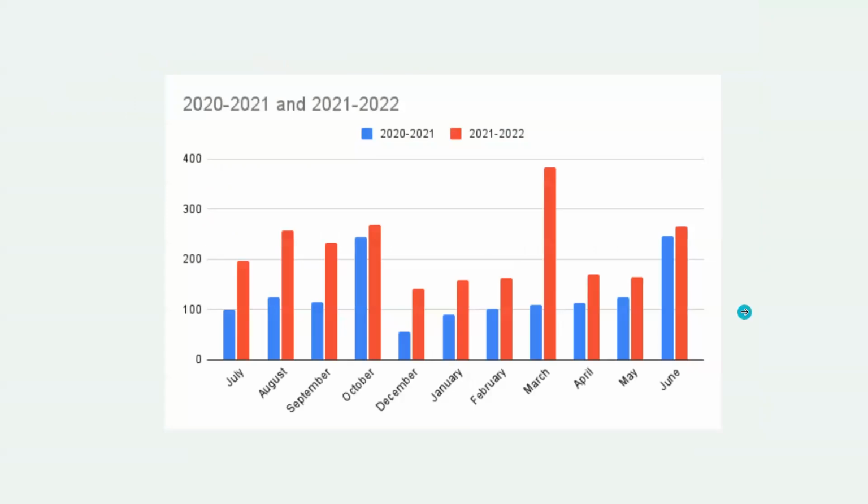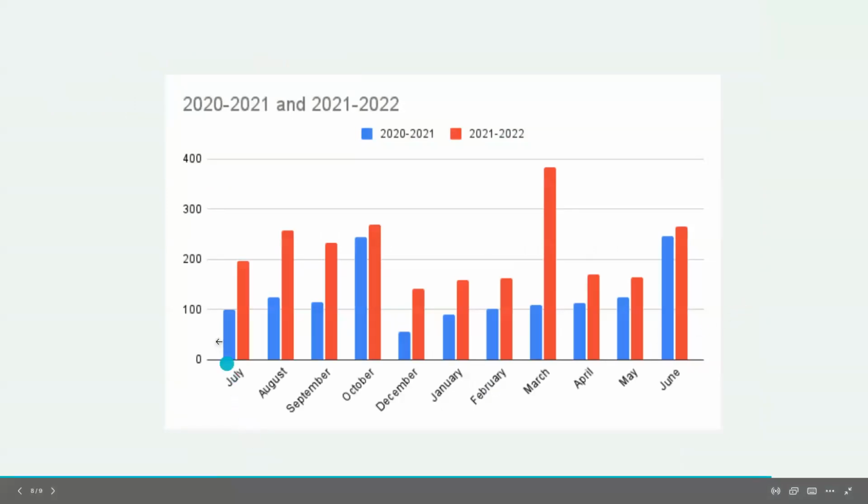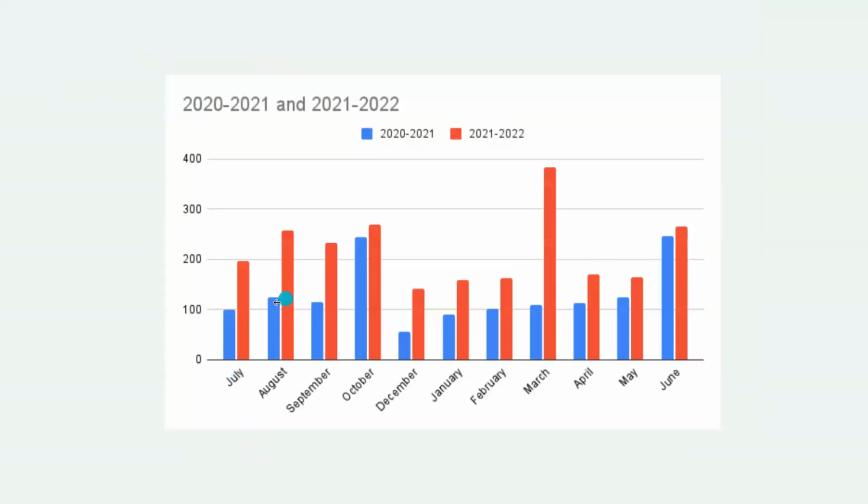So I also wanted to show a couple of stats. This is from the year previous, before we had the online library card applications, to the past current year of us implementing it. So you can see that from 2020 to 2021, and then 2021 to 2022, a lot of the months show double in number.